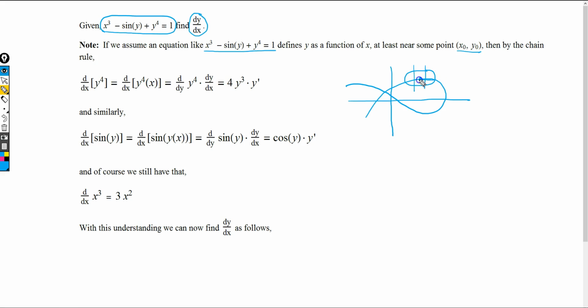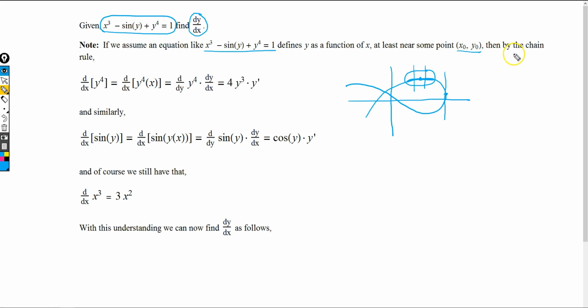So this piece of the curve really does define y as a function of x. The only problem we might have would be at a point right here where it doesn't satisfy the vertical line test. But we're not going to worry about that. We're going to always assume that we really can find y as a function of x.